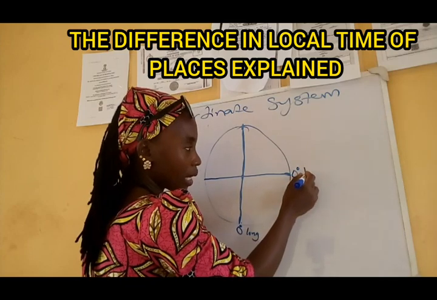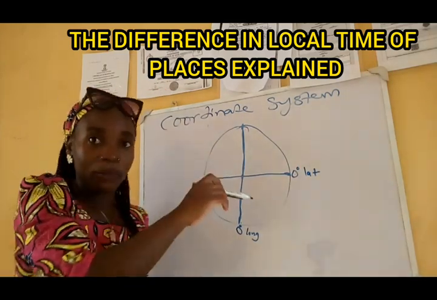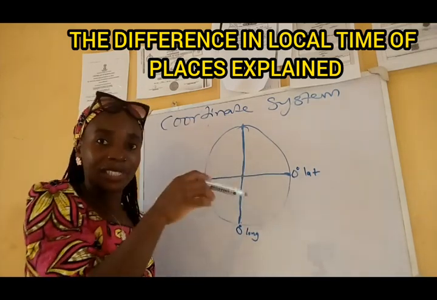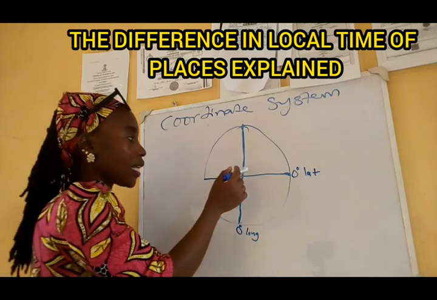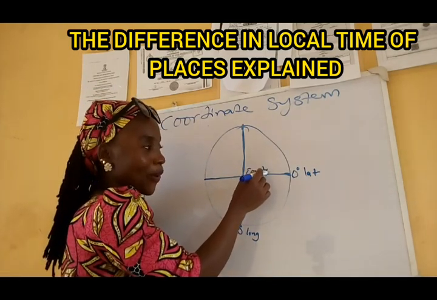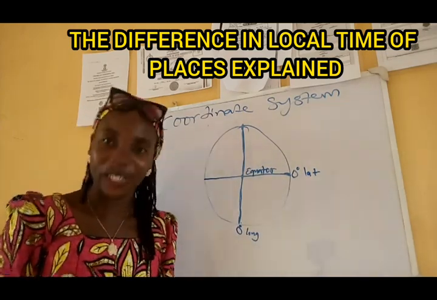The scientific name for the great line of latitude, that's the horizontal line, is called the equator.